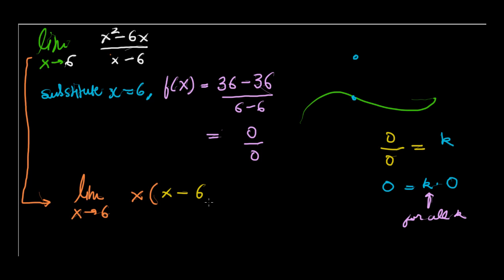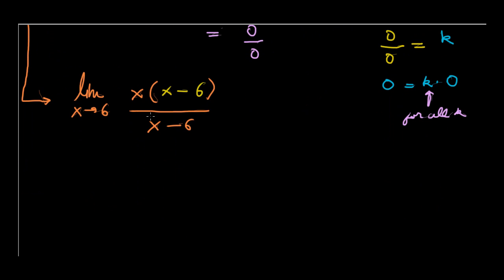So that's what I get in the numerator, and the denominator I have x minus 6. So we have found the problem, and now we can cancel out this.